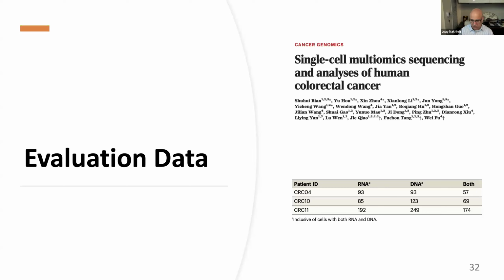Now, this is important to stress here because when we submitted the paper for review, the reviewers were insisting on simulations. And in my own work, we do simulations in lots of papers, but I just didn't know how to do simulations in this context. How do we simulate DNA and RNA from the same cells? It was a challenging thing.